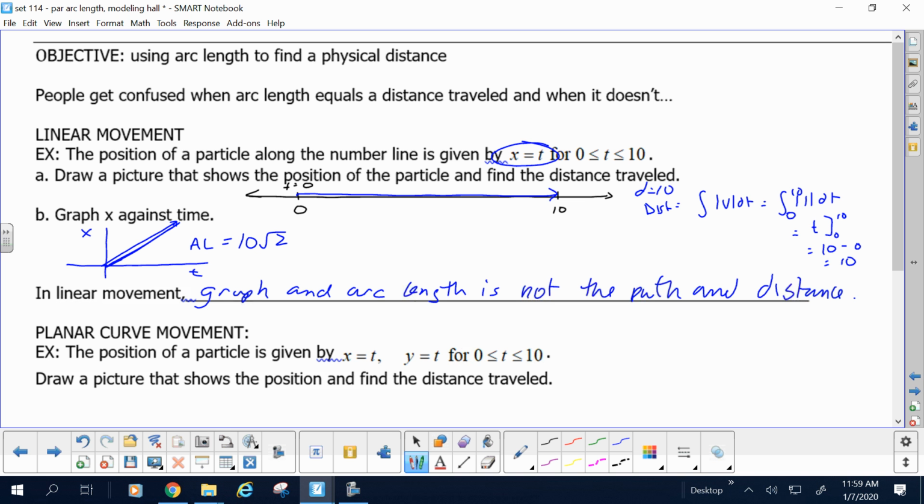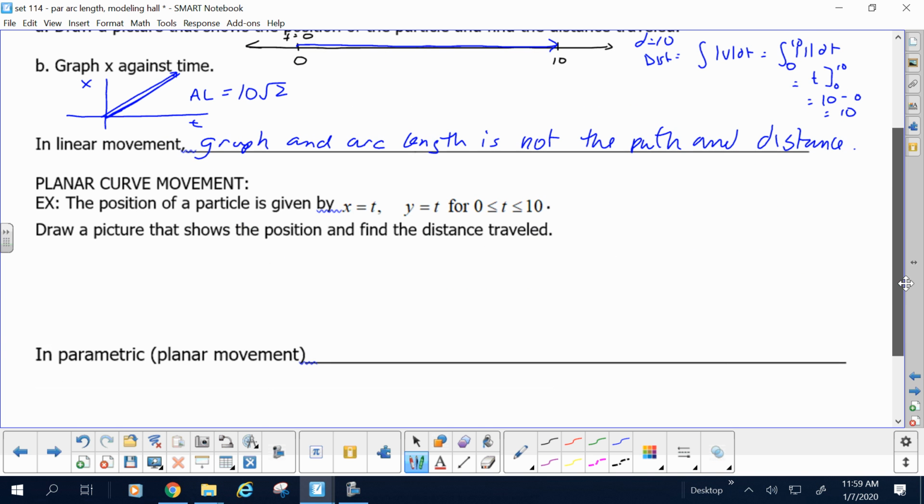Now, if you consider planar movement or parametric equation movements here, things are a little different.